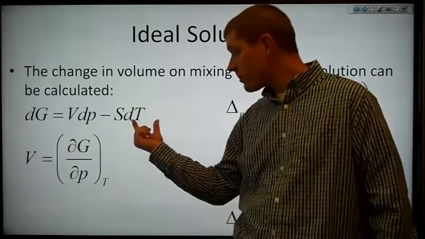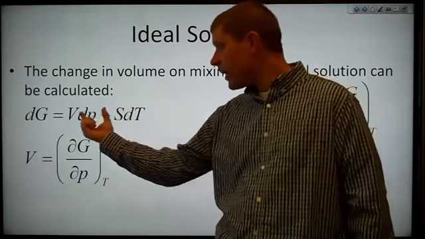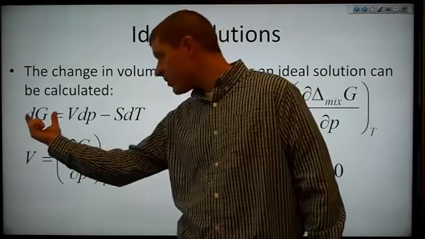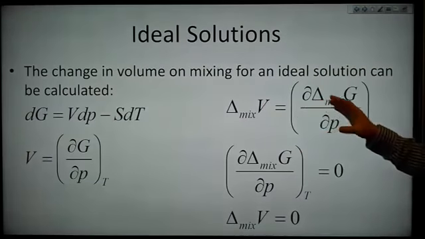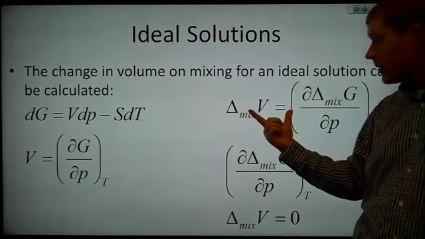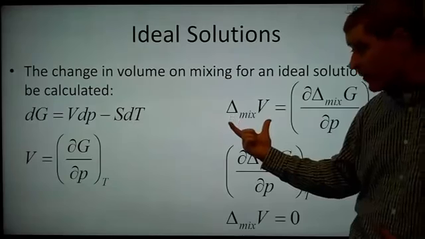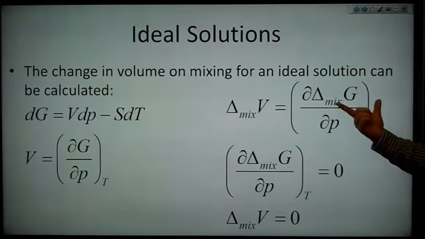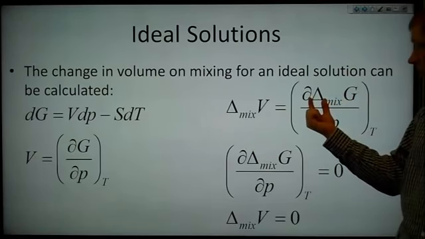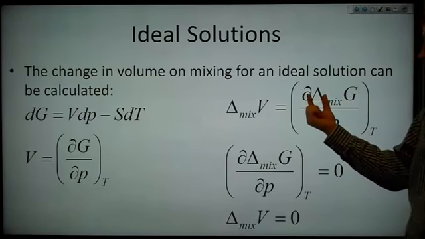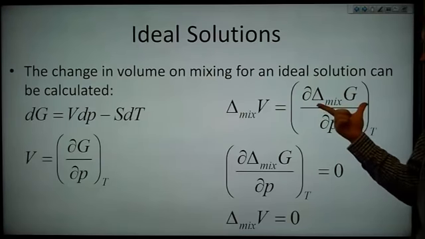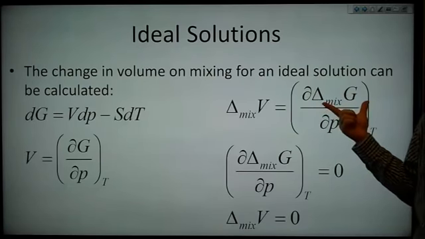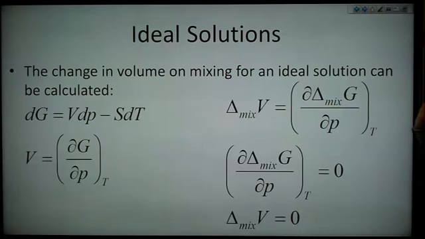So if we hold temperature constant, then the volume is the slope of dG over dP. So this means that now the change in volume of mixing is the partial derivative with respect to pressure of delta G mix, so the Gibbs energy of mixing, keeping the temperature constant.